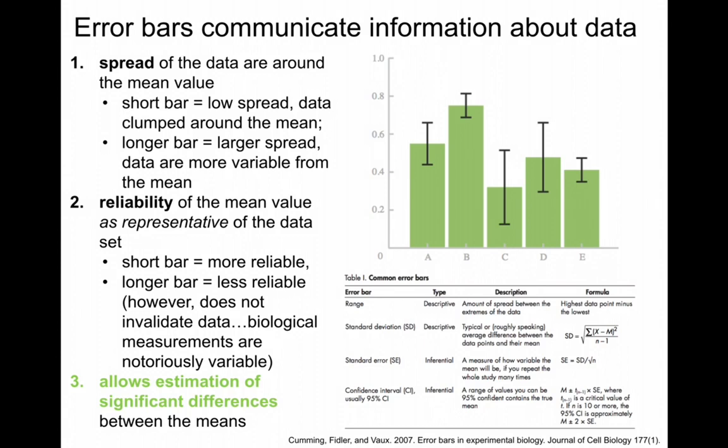Another one is standard error. And a last one on this table is the 95% confidence interval. The last 2 types of error bars on this table, standard error and the 95% confidence interval, are the type of inferential error bars, where you can actually use these error bars to compare 2 means to see if the means are significantly different from one another.